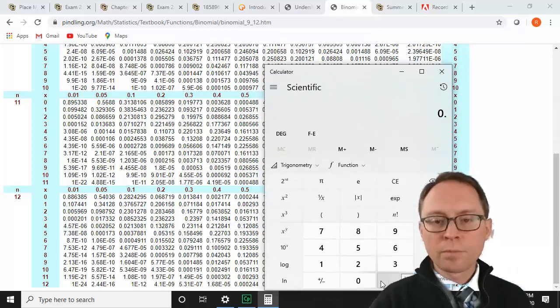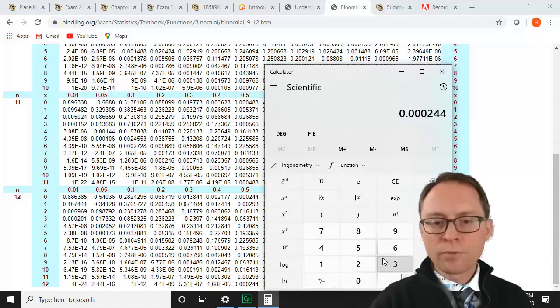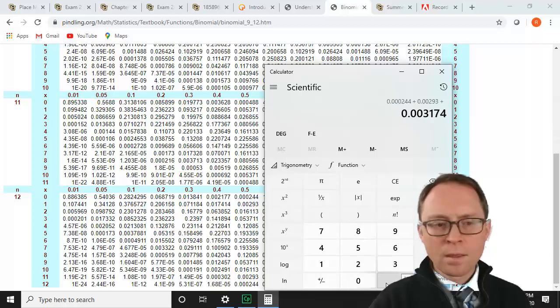So we're looking at 0.000244, that's the probability of 12 out of 12, plus 0.00293 plus 0.016113.